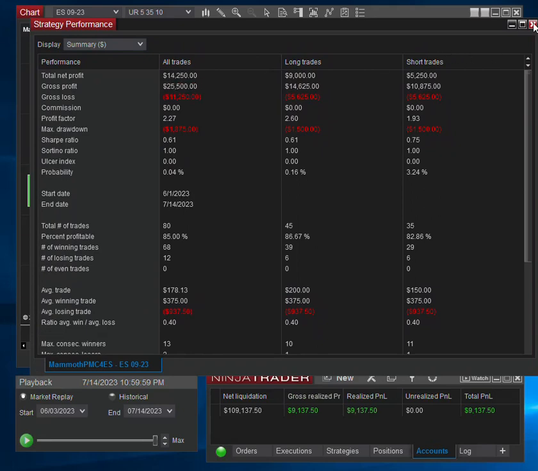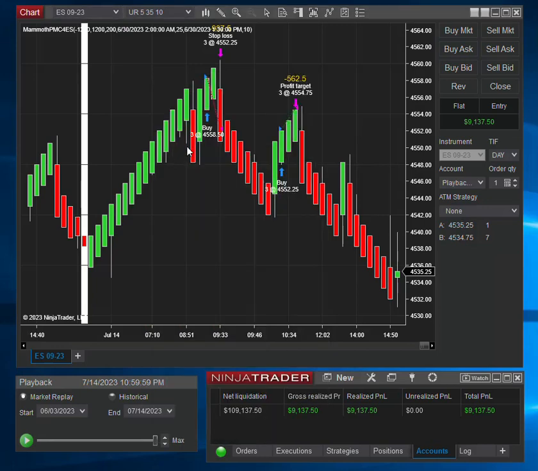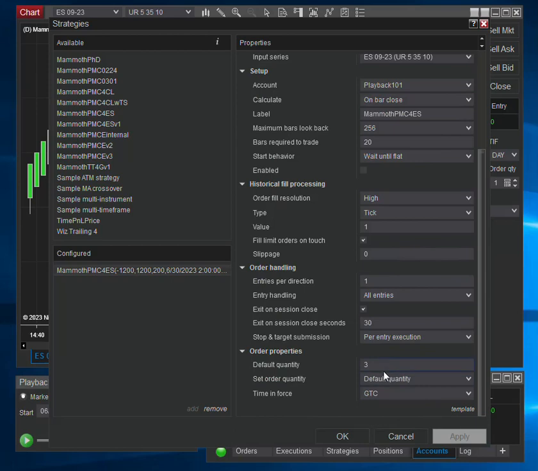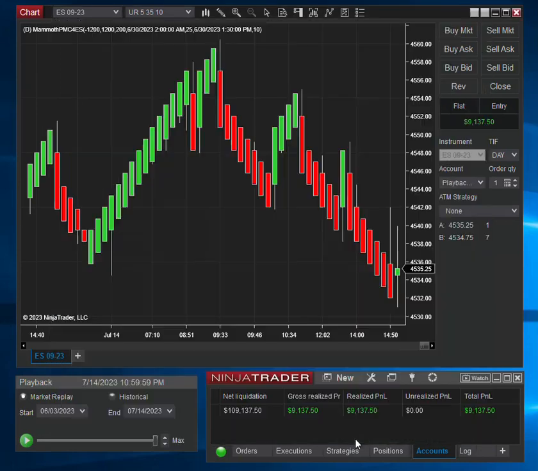Now that's for 3 contracts, and if you go to the settings and change to one, which is the minimum, and you apply, you'll see different results because the number of contracts changed, and the results will be completely different.